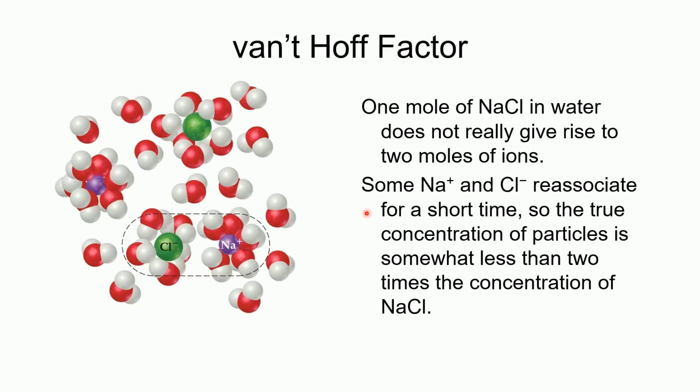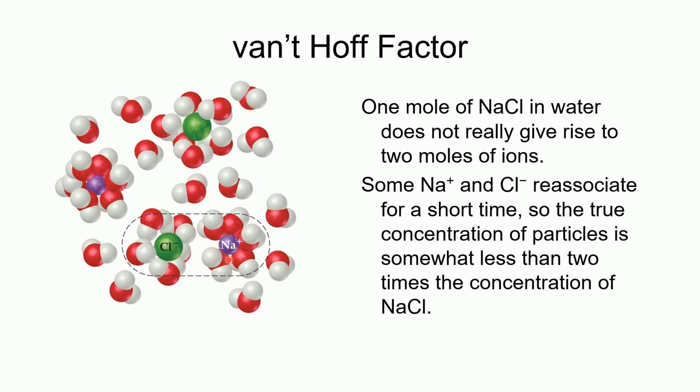Whenever ions dissociate, to the extent that they are apart from each other, they act like independent particles. So this sodium ion would lower the freezing point of the water separately from this chloride ion. However, if we have a sodium ion and a chloride ion that are close to each other, they will have the effect of acting as one particle.